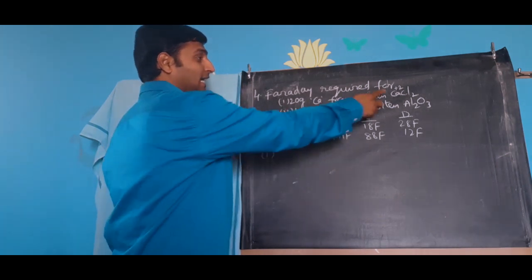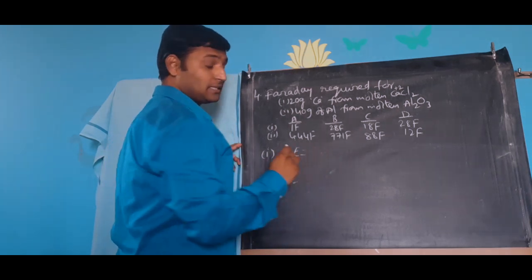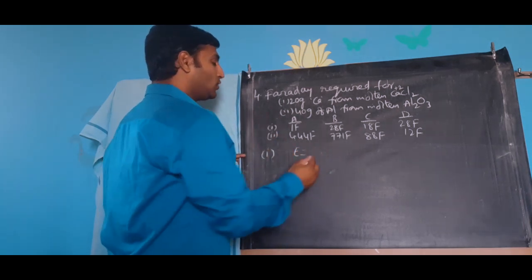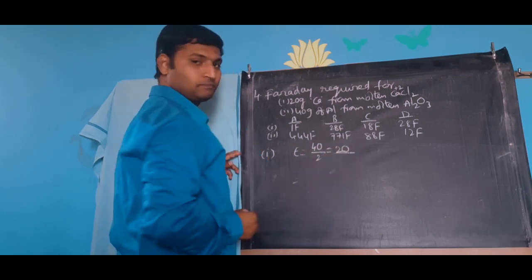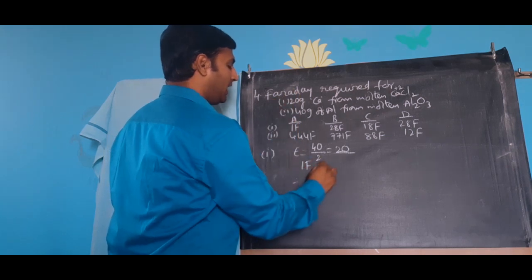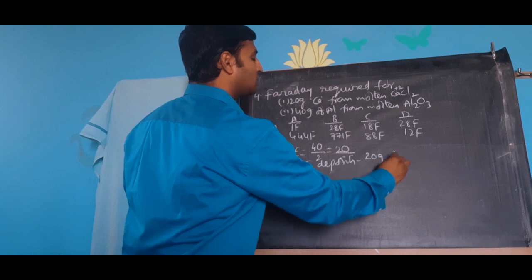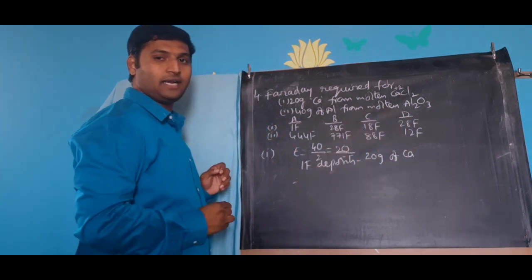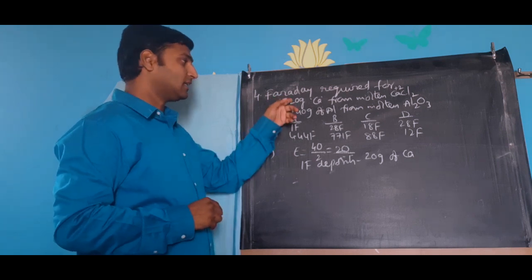And then its atomic mass is 40. So, equivalent mass will be 40 by 2, that is 20. Which means that 1 Faraday deposits 20 grams of calcium. Got it or not? He is asking 20 grams only.